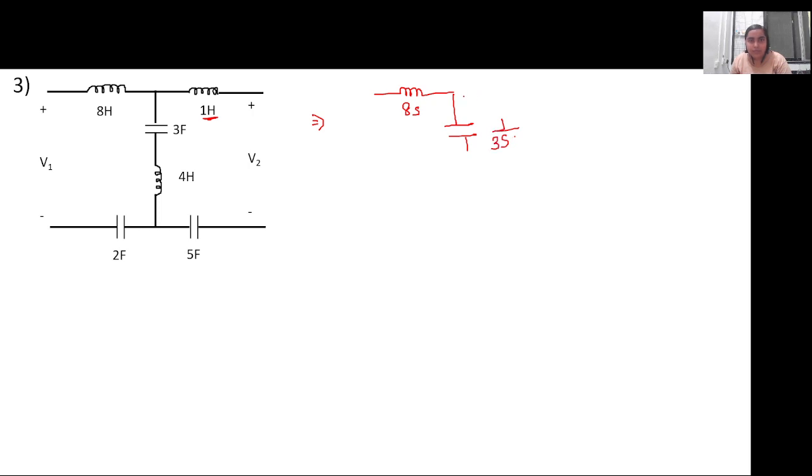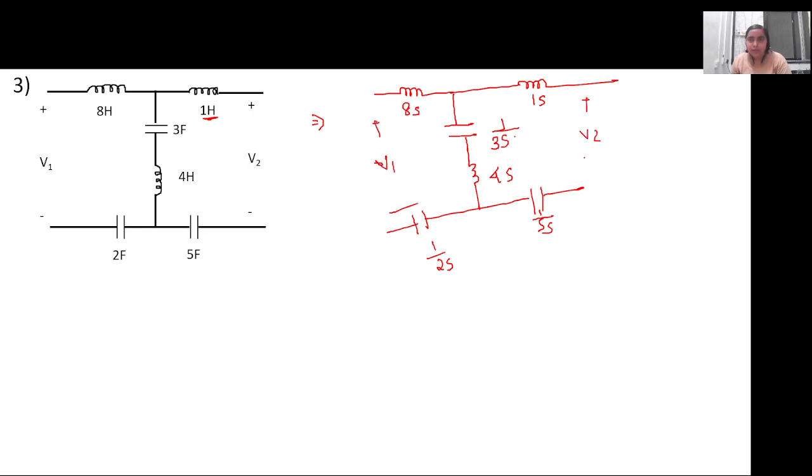So the capacitor we will write in terms of 3s. This is 1s, the inductor will be written as 4s and the capacitor as 1 by 5s, and this one 1 by 2s. This is V1 and this is V2.